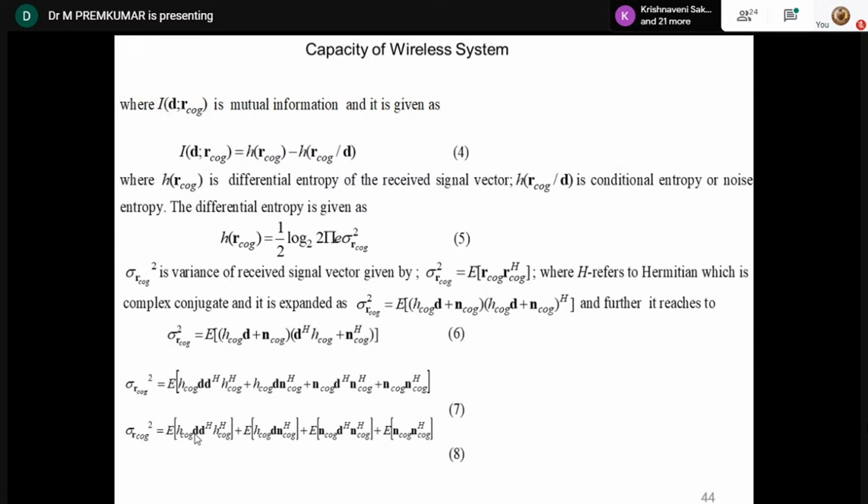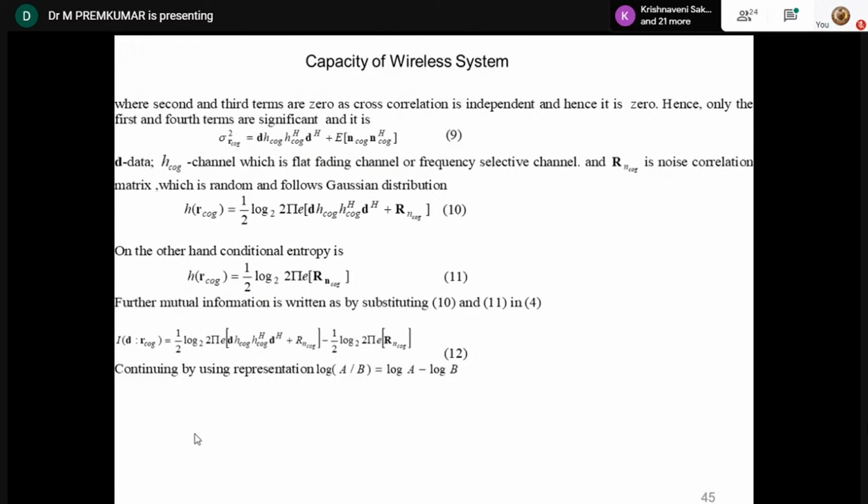As I have told earlier, the second and third terms are considered to be zero as the cross correlation is independent of zero. So you can have an expanded representation as in the previous slide, and then you find out what is H suffix RCOG.